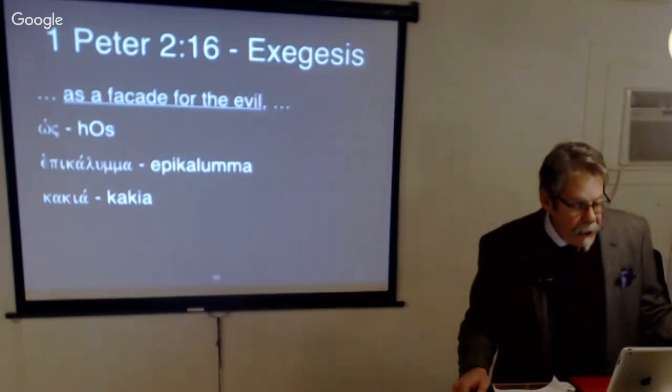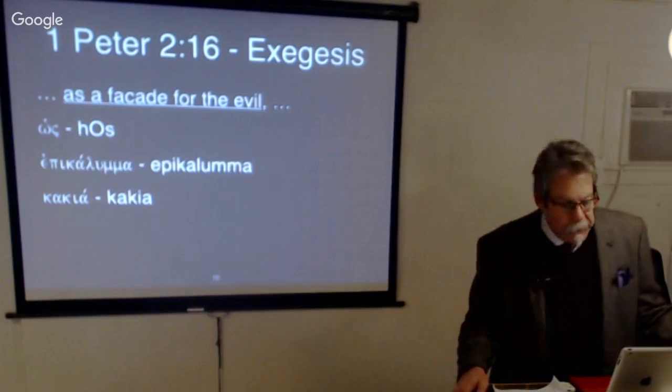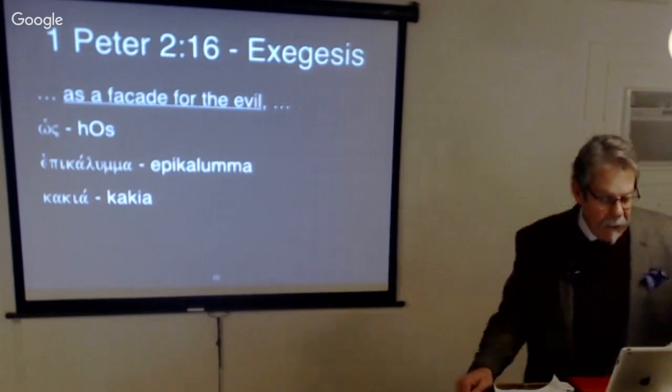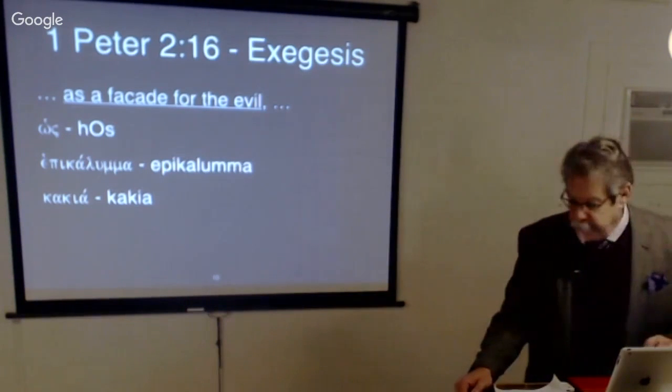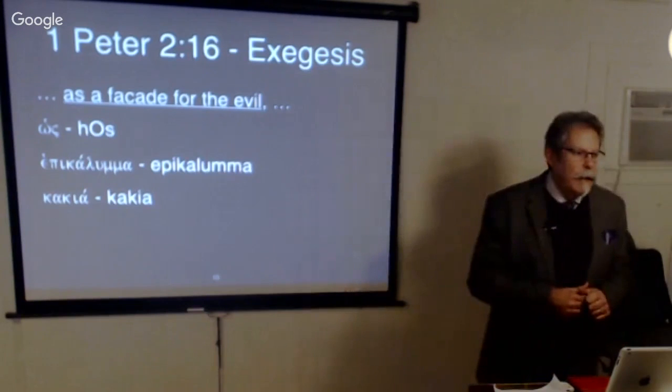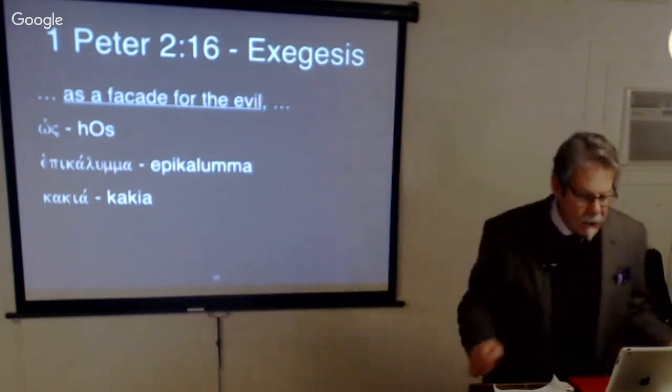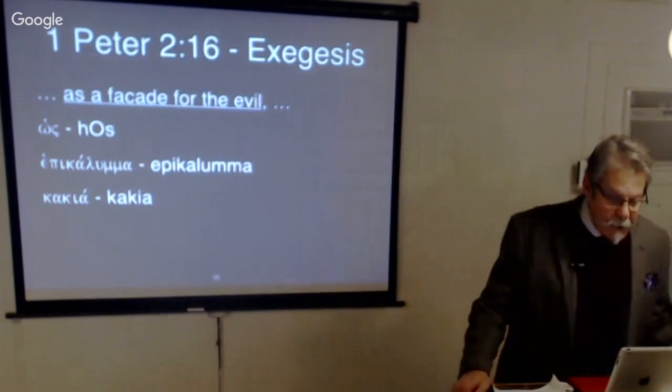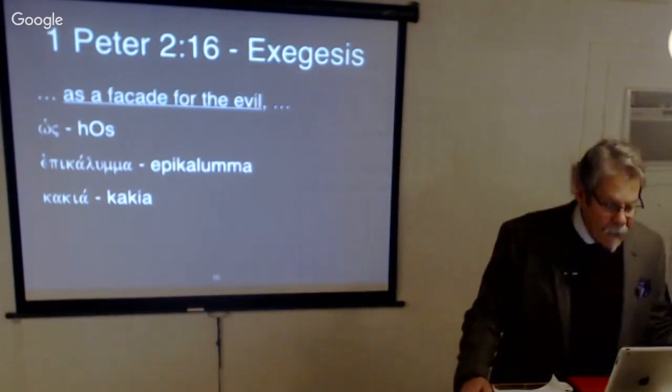But kakia is closely related and means evil with the idea of the quality of wickedness. So kakos emphasizes the act of evil, but kakia emphasizes the quality of being evil. Unfortunately, there's no easy way in English to bring out the difference, so we'll have to make sure we get it in the notes. But we just go ahead and translate it as evil.